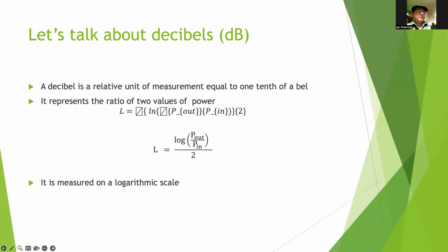Normally, we don't talk about bels, we talk about decibels, and so you'll always hear people talk about dBs, not just Bs. Deci is the SI prefix meaning 1/10, so it's 1/10 of a bel, and it represents the ratio between two values of power.